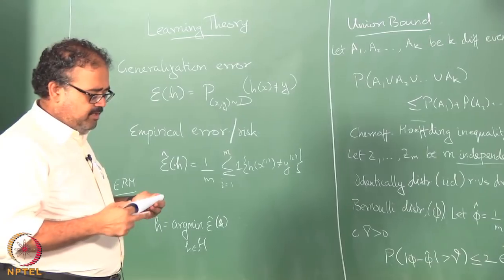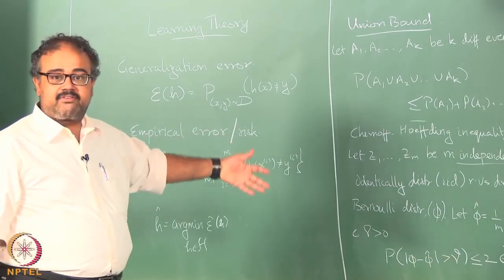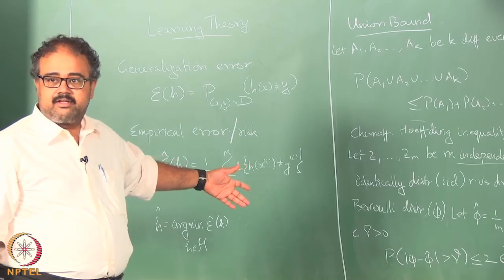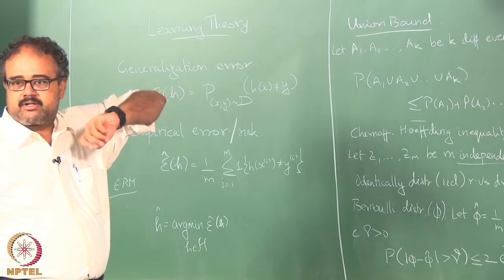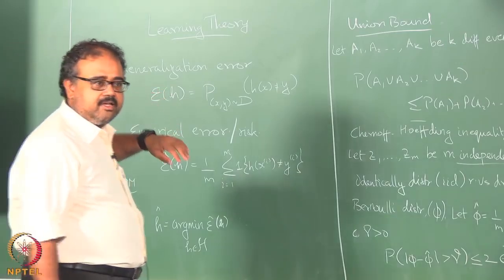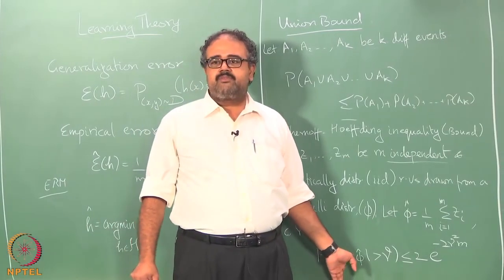So essentially what does it say? If I have a lot of samples, if m is very large, then e power minus m becomes smaller and smaller. As m becomes large, the probability that my phi hat will be far away from phi becomes smaller and smaller.